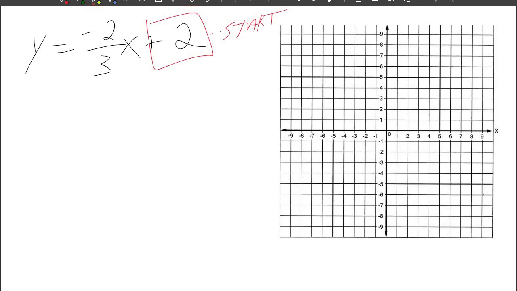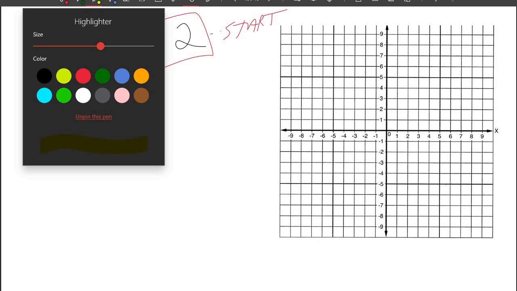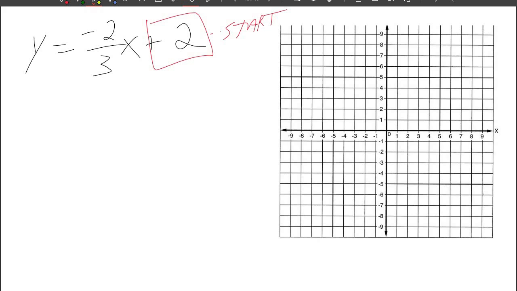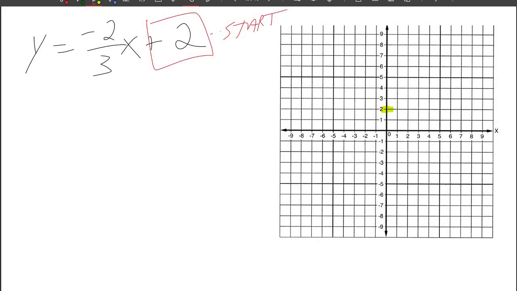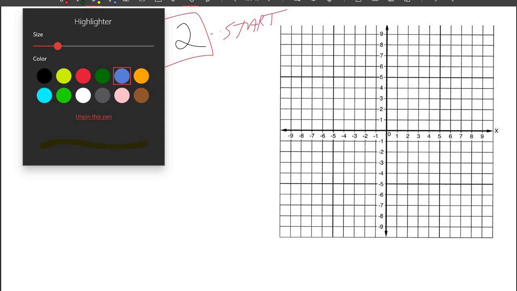That's a positive 2. So we're going to find positive 2 on the y-axis. Let me undo that.